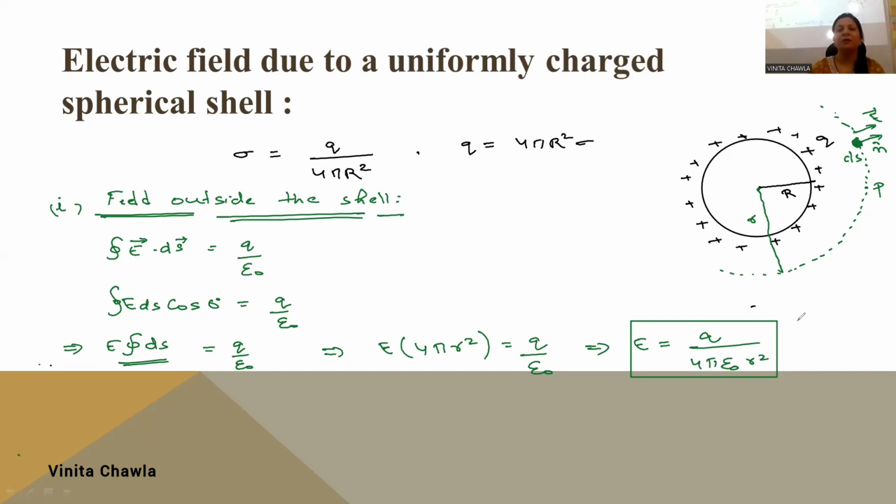Now you can see that in this particular case, this electric field intensity is inversely proportional to square of r. So if I want to draw a graph, E versus r, I'm going to draw.